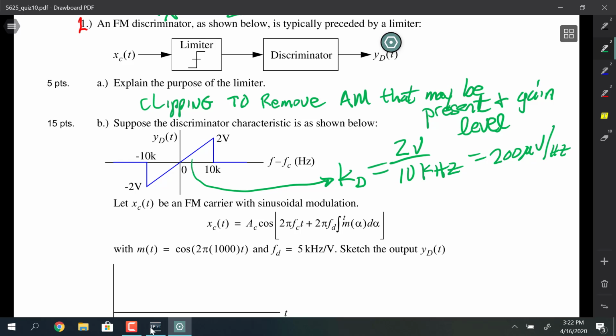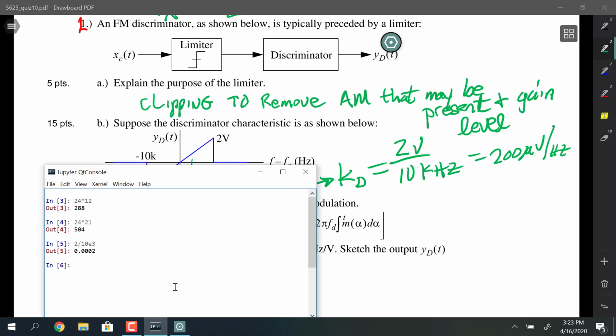That seems like a really tiny number, but if you put it into the context of a peak deviation maybe being 5 kilohertz, then it's not really such a small number. I just did a side calculation over here.